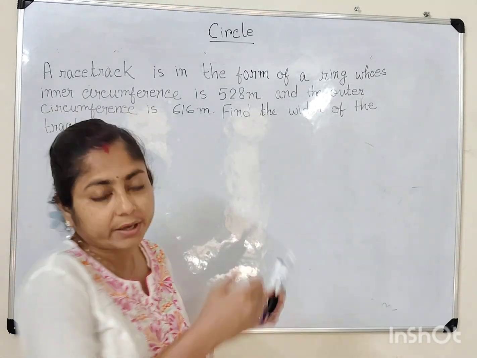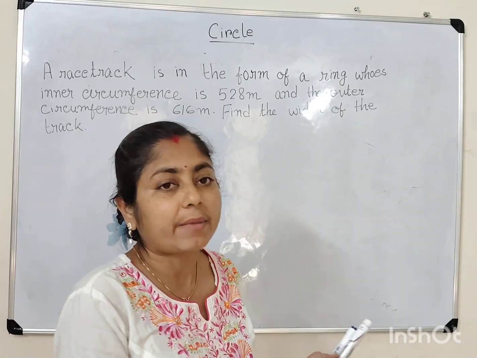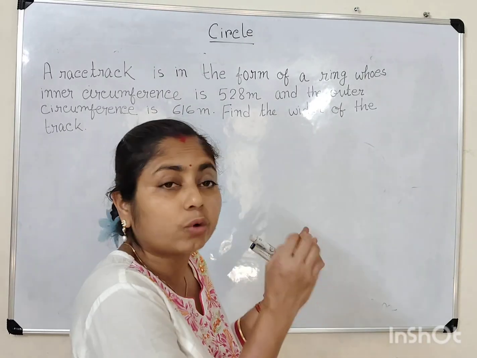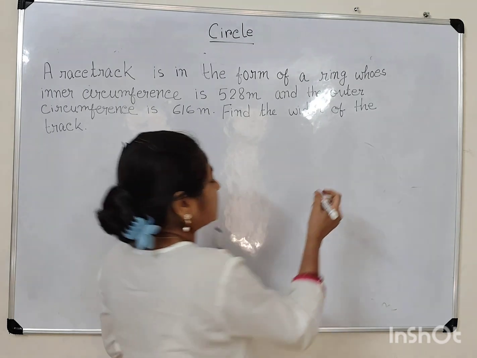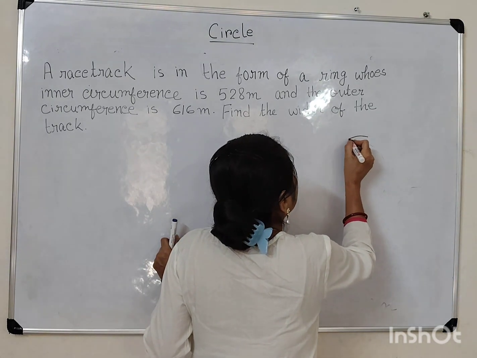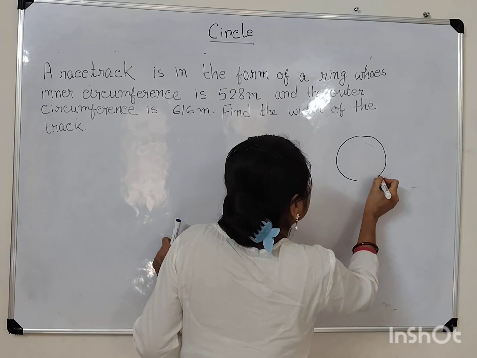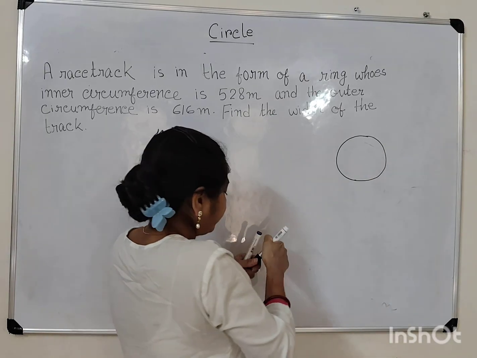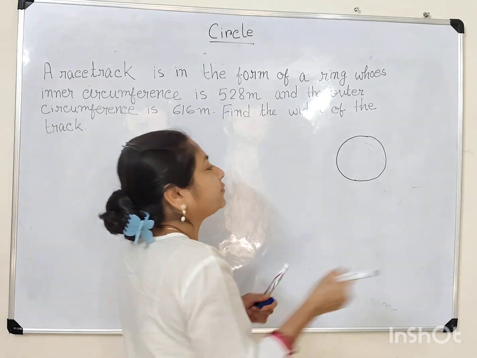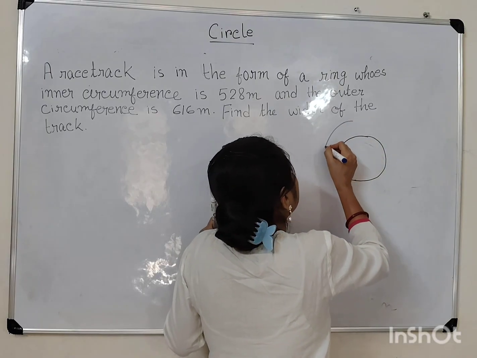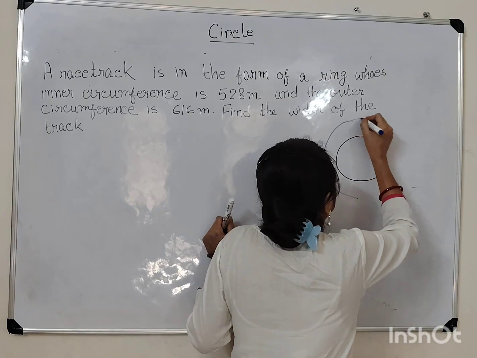It means when you do any mensuration math, first try to draw the picture. First I draw a picture. Because when you draw a picture, it is very clear to you.